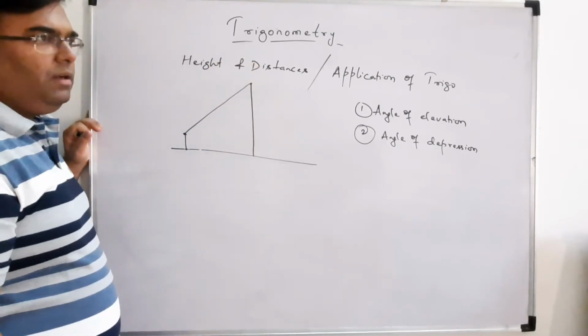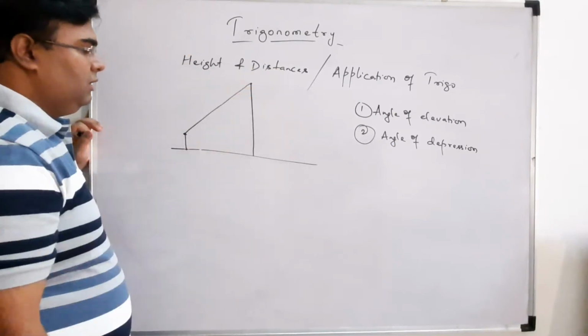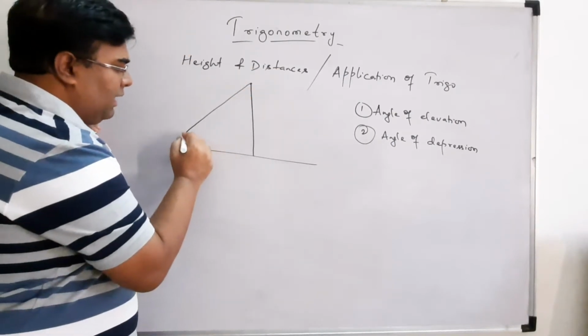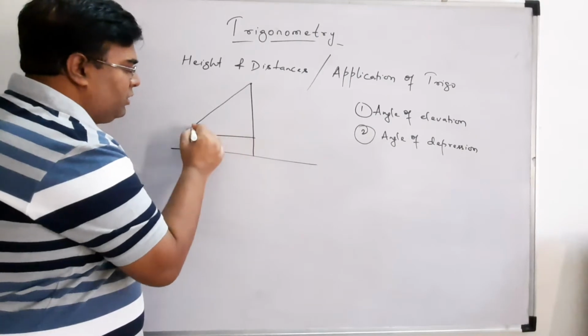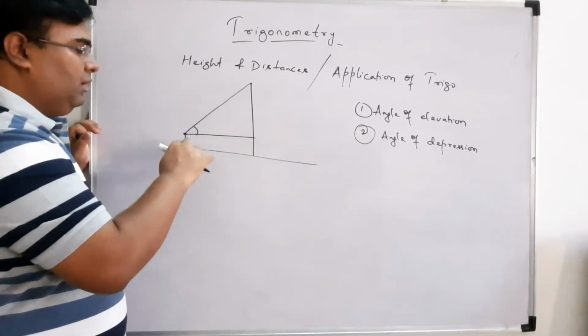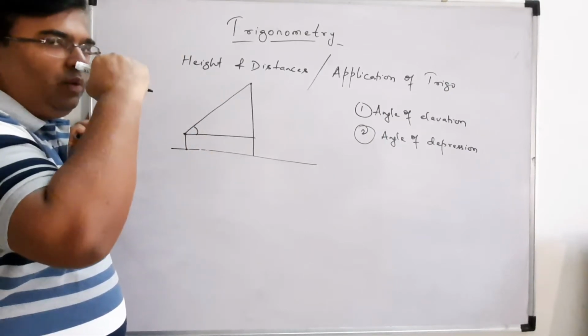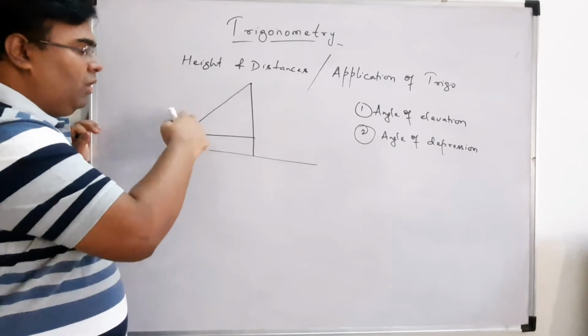Whenever any person is looking upside, the eyes make an angle with the horizontal. Whenever someone is looking upside, the eyes are here only and we are looking up. So we are making an angle with the horizontal.